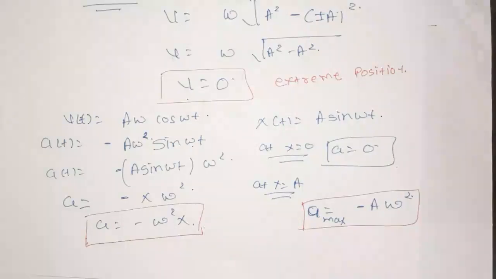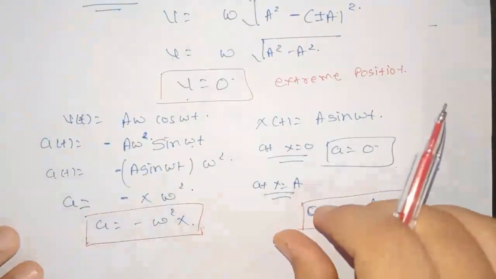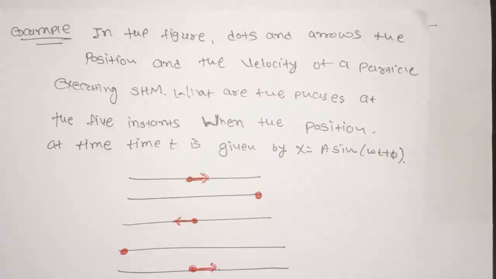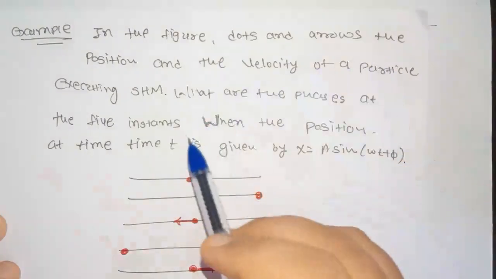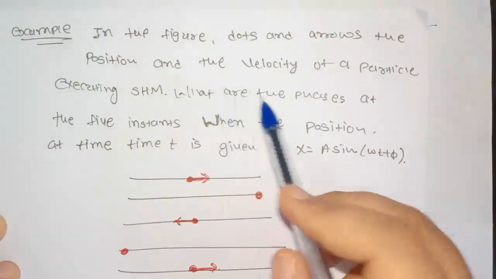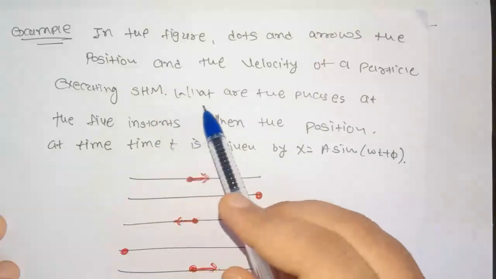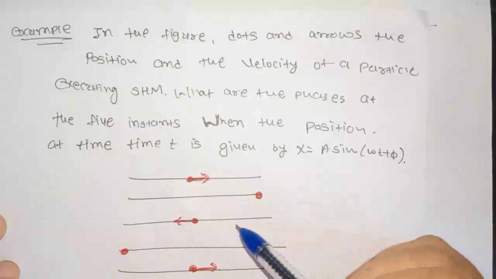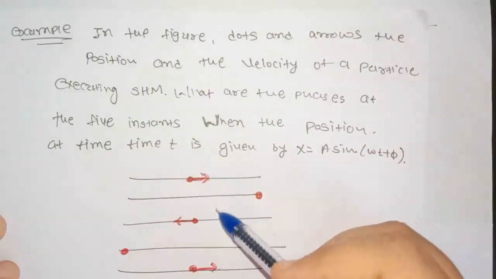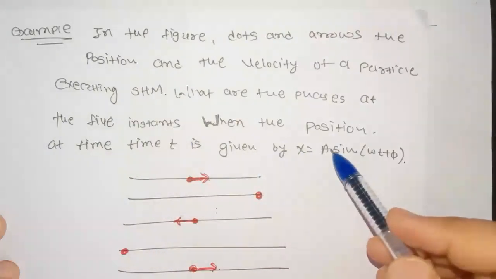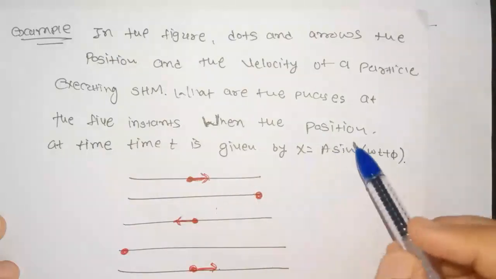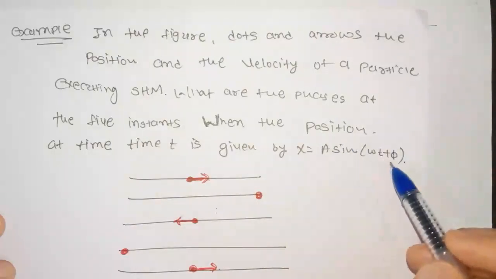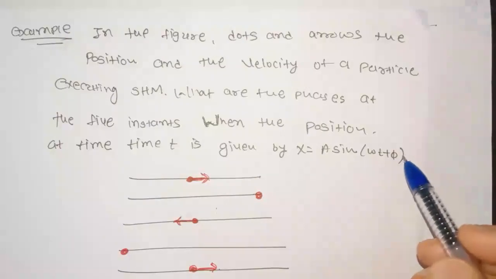Now let us see some example based on the velocity and acceleration equation. In the figure, dots and arrows show the position and the velocity of a particle executing SHM. What are the phases at given 5 instants when the position at time t is given by x is equals to a sine omega t plus phi?